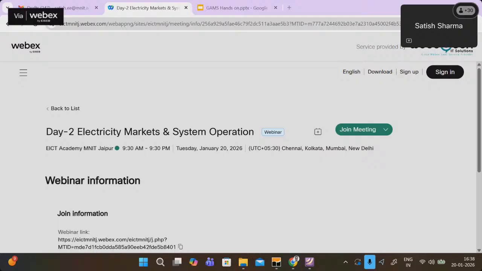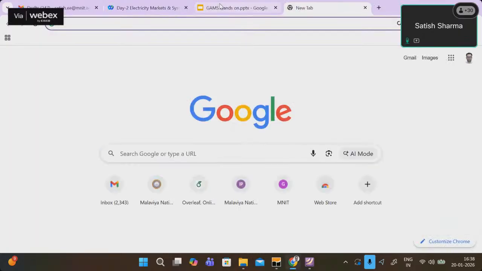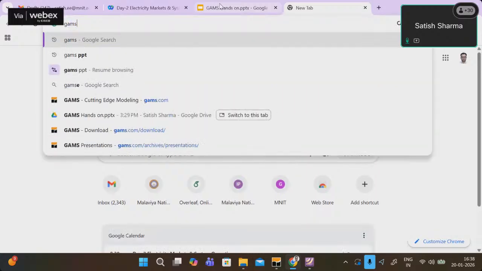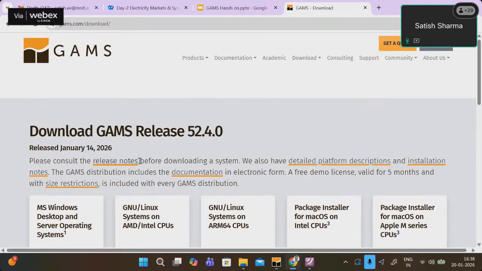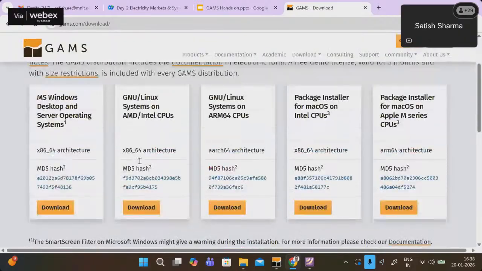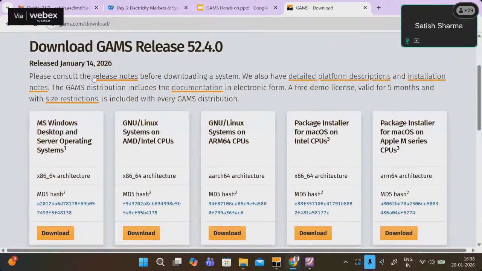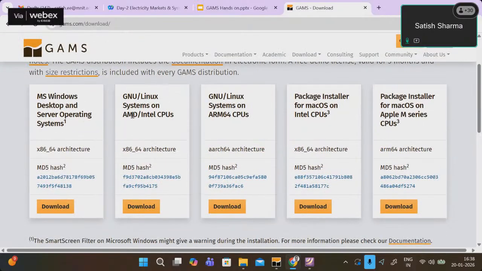Okay. So now, you can download GAMS. Just simply type GAMS, and if you search, there will be a download button here. You can go there, and the latest release is available, which is recently January 14, 2026. A demo version you can download, and for different operating systems we have different downloads.